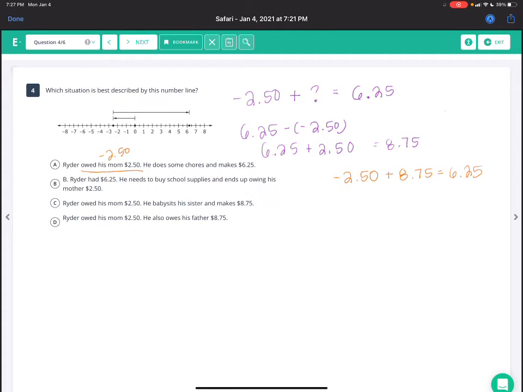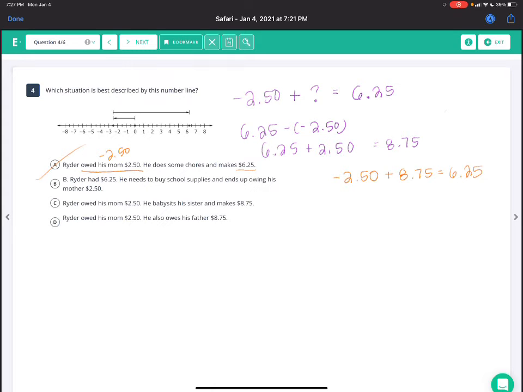If he makes $6.25, this does not represent a total amount that he has left over. It's just saying that he made $6.25. If he was to pay her back with that $6.25, it would not give us the final amount. So it would not be A.